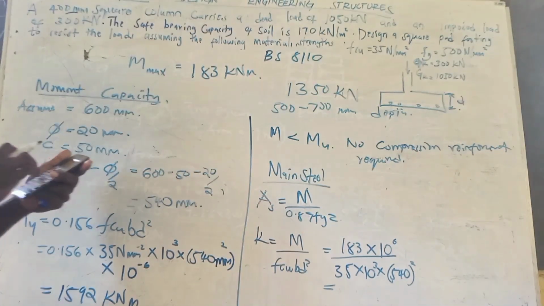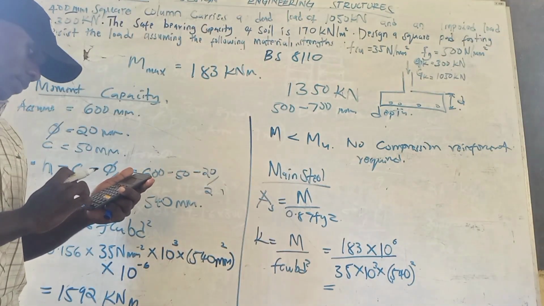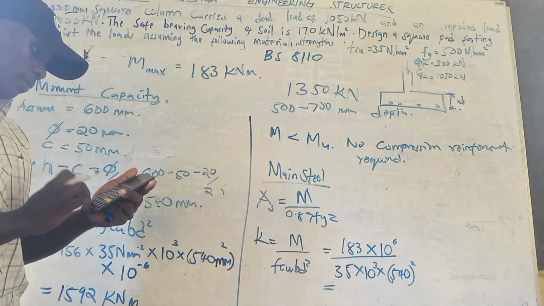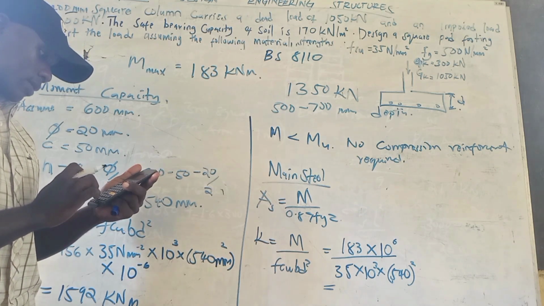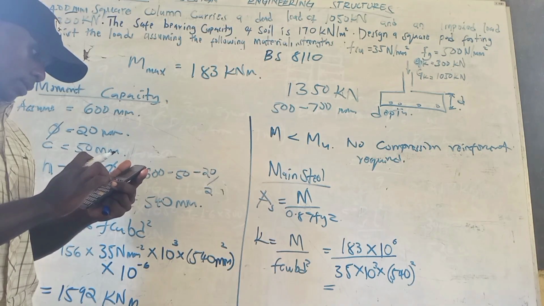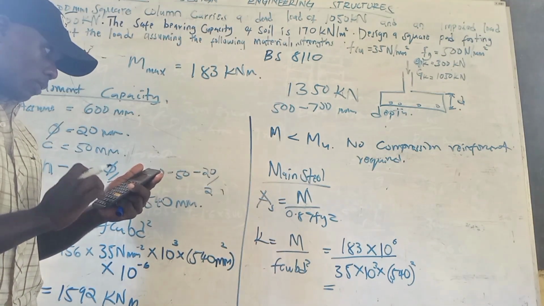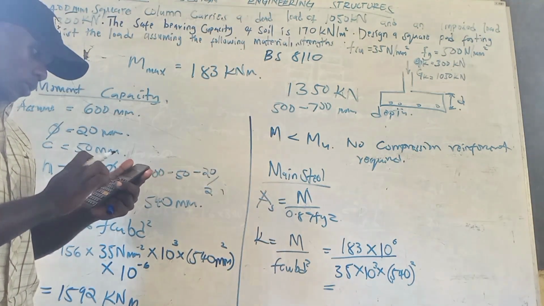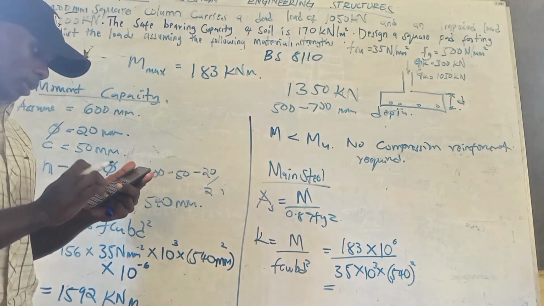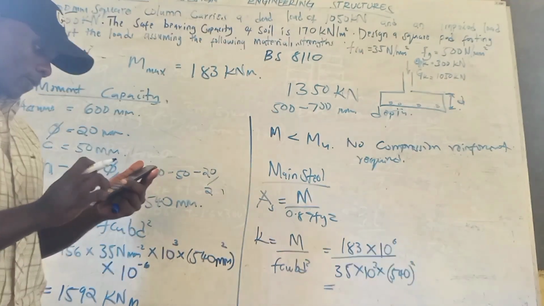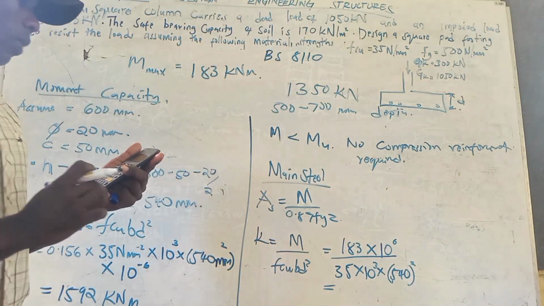So when you feed that into your calculator, ladies and gentlemen, you're going to have a value close to 0.0179.